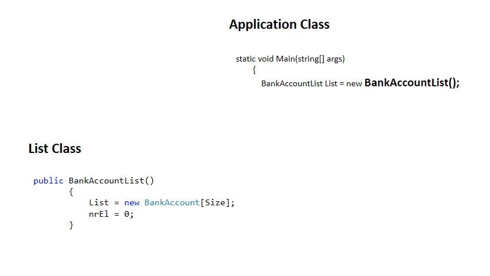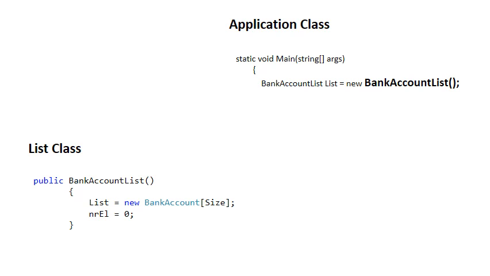When you're working with a list class, there's continuously an interaction between the list class and the application class that uses the list class. So the public methods in the list class will often be called by the application class. So we start off with the constructor of a bank account list on the left hand side at the bottom. You'll see it's a public method.